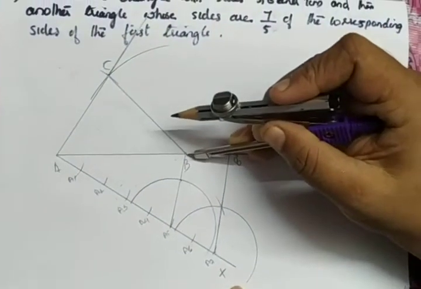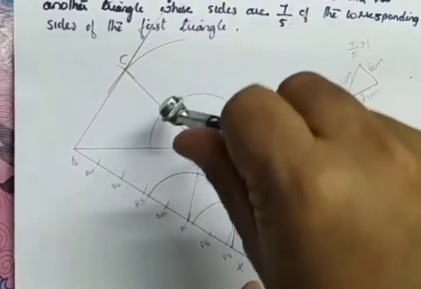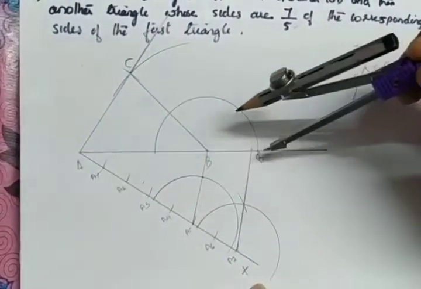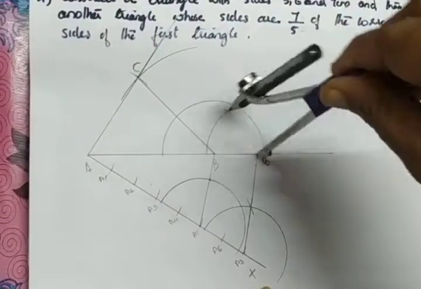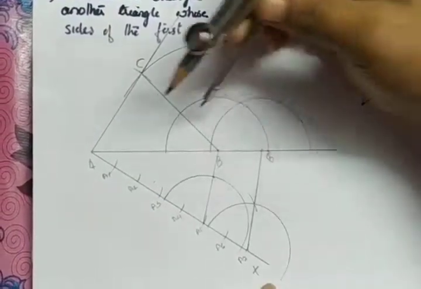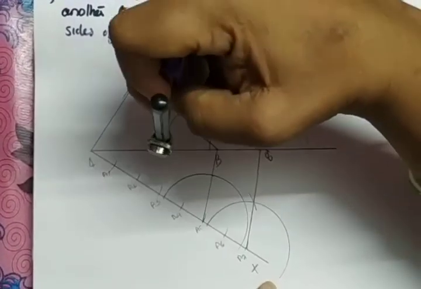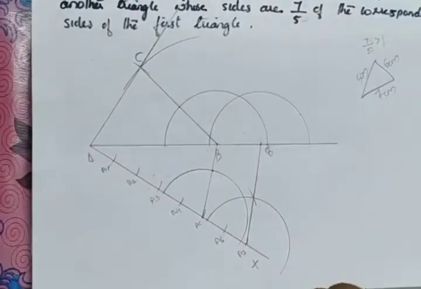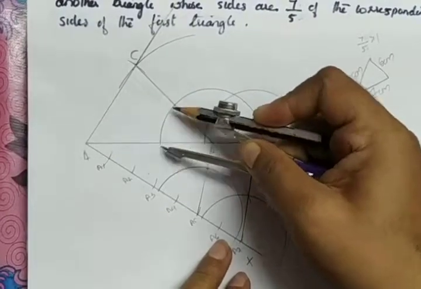In the same way, to draw the parallel line, keeping B as center, draw a semicircle. You can choose the radius, but with the same radius, keeping B dash as center, draw the semicircle. The next step is to measure from this point with the help of your compass.